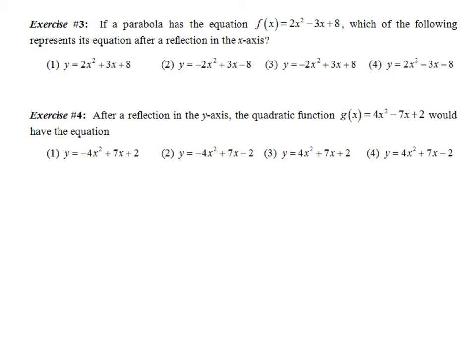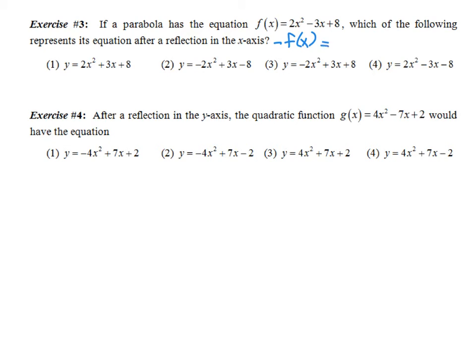Looking at exercise number 3, it says if a parabola has the equation f of x equals 2x squared minus 3x plus 8, which of the following represents its equation after a reflection in the x-axis? So if we are reflecting in the x-axis, that means that we want to negate the function value. So we want to take negative f of x.